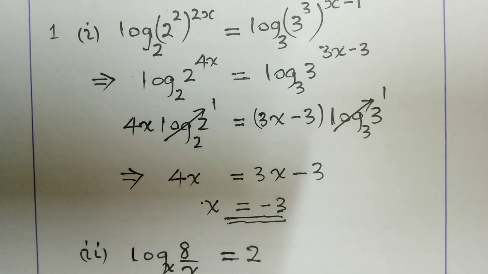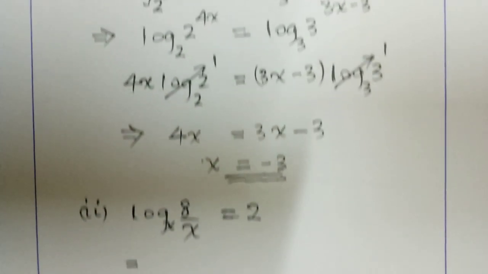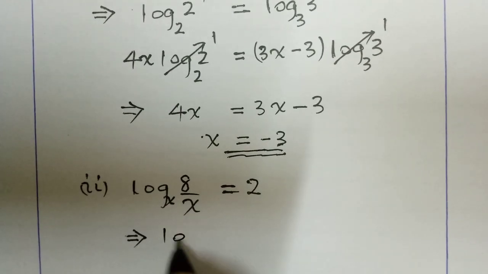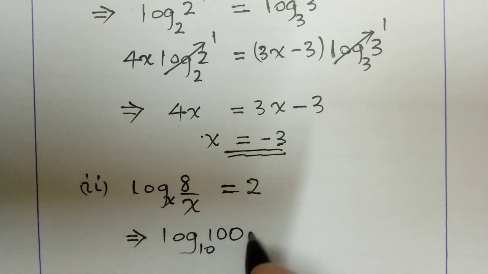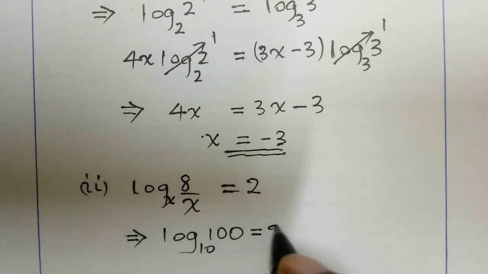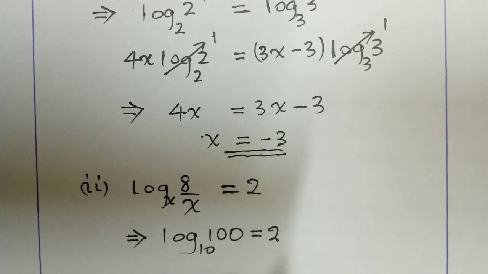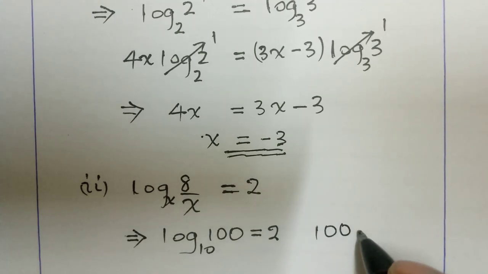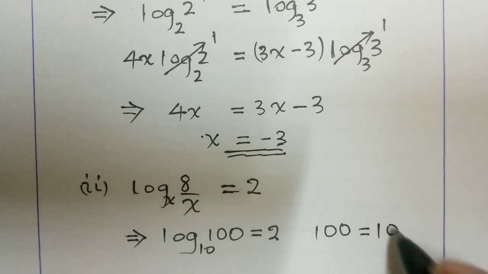The principle I want to use is to change the logarithmic form to indices form. We can take this from the example of log to base 10 of 100, which is equal to 2. When you want to change this, we normally write 100 is equal to 10 squared, and that one we all know.